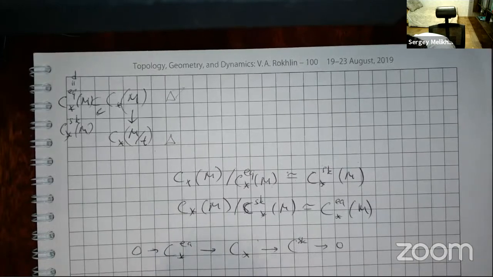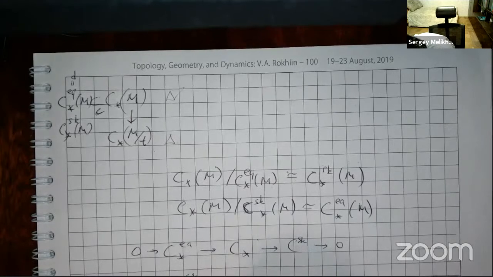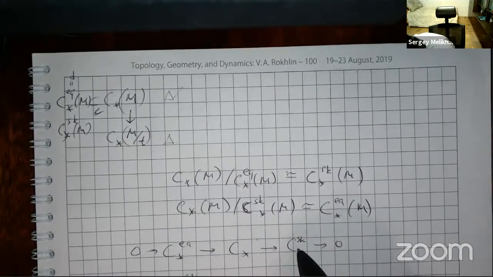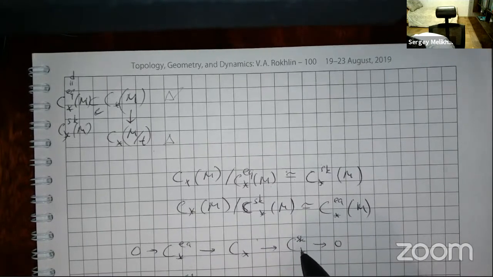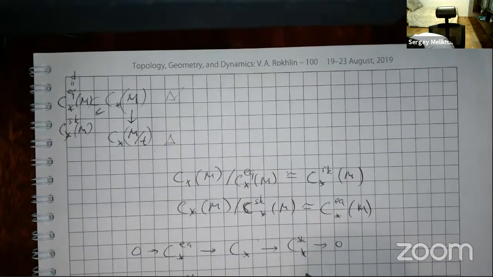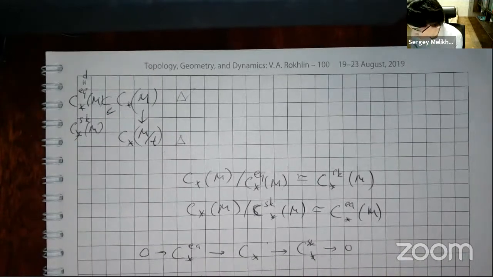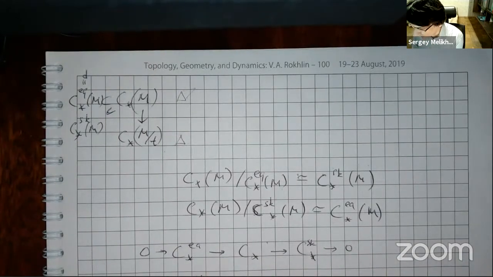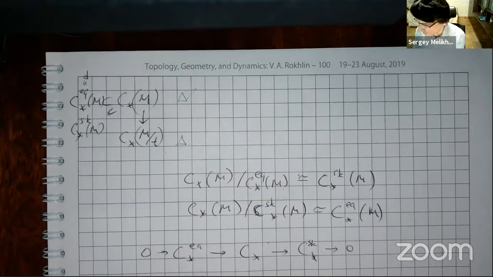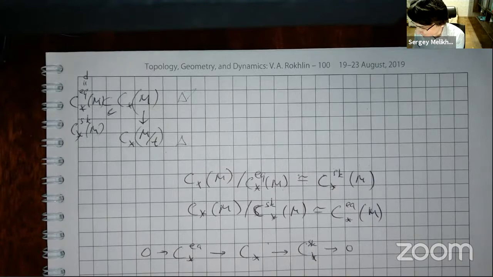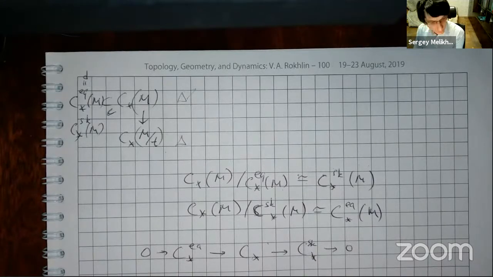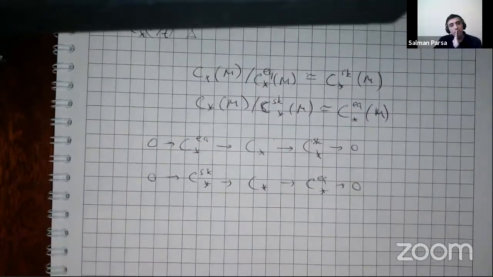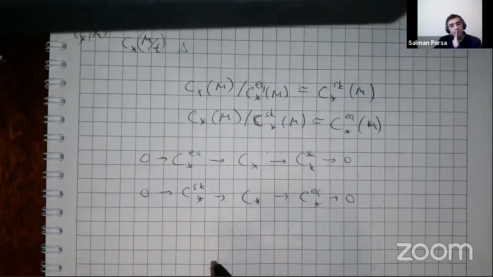And another one: skew chains go into all chains and then into equivariant chains. The same holds for cohomology, giving long exact sequences in homology and in cohomology.